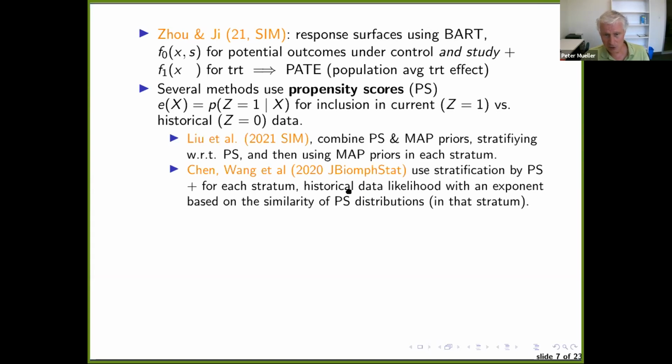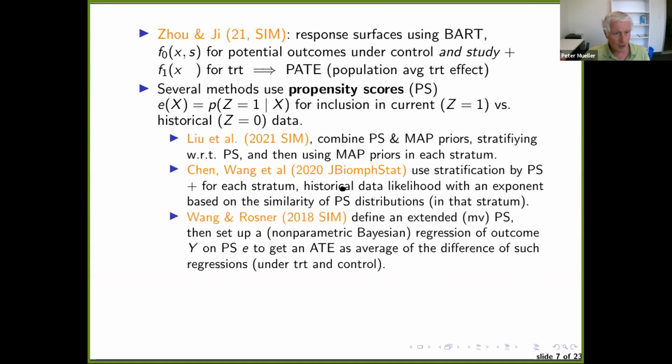So they use the propensity score twice, once for the stratification and then to determine the right exponent in the power prior.